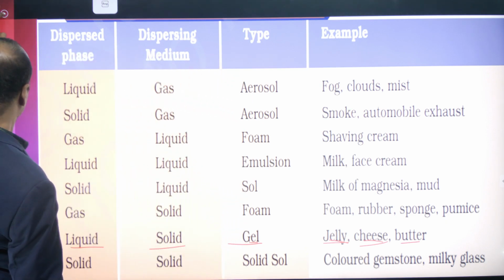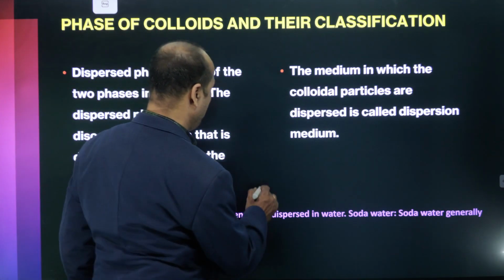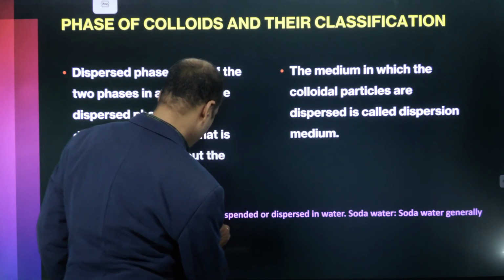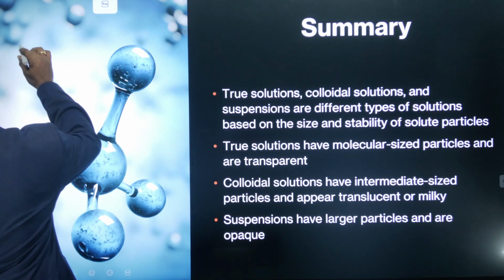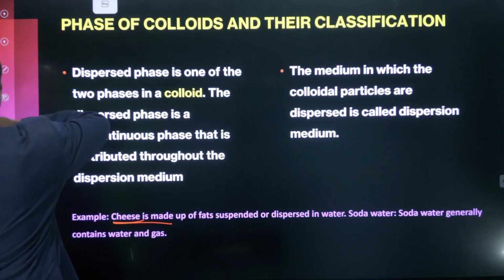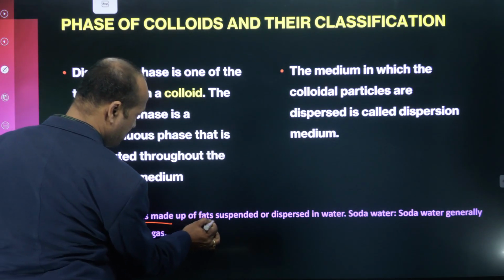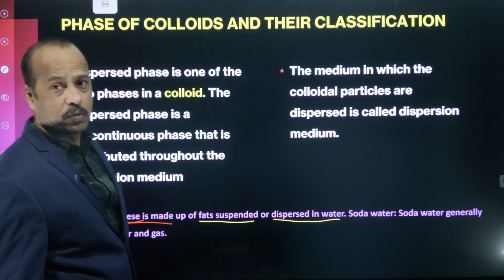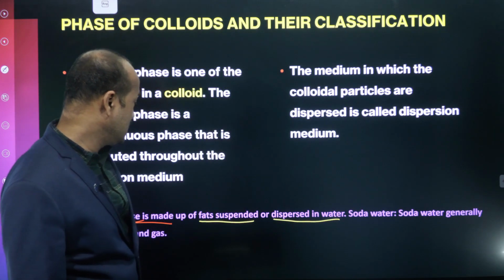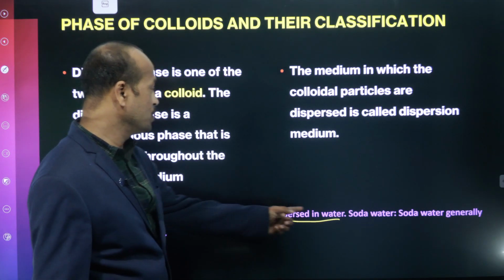So the cheese is made up of fat and water. The fat is suspended or dispersed in water. So two components are there: one is the fat suspended, and the second is water.